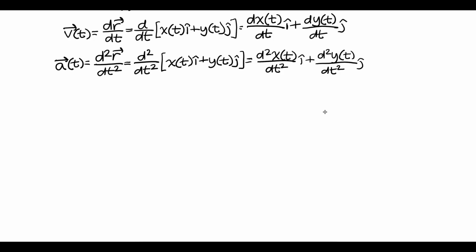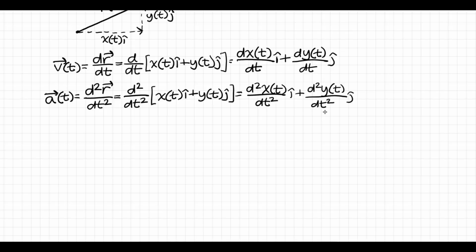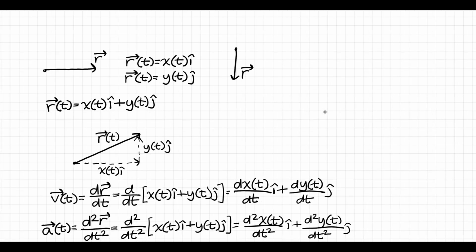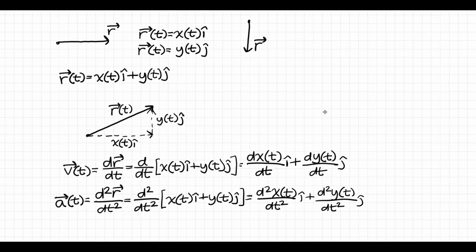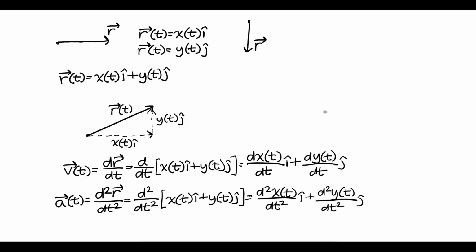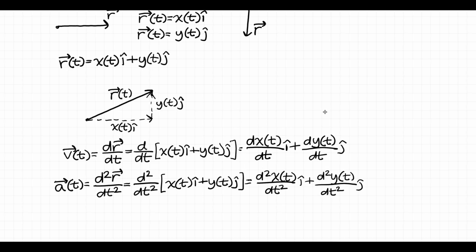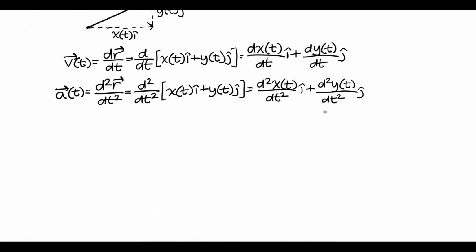All right, now that we have all of these expressions, we're going to look at one of the most fundamental parts of two-dimensional motion. And that is the motion in the x and the y directions are independent of each other.